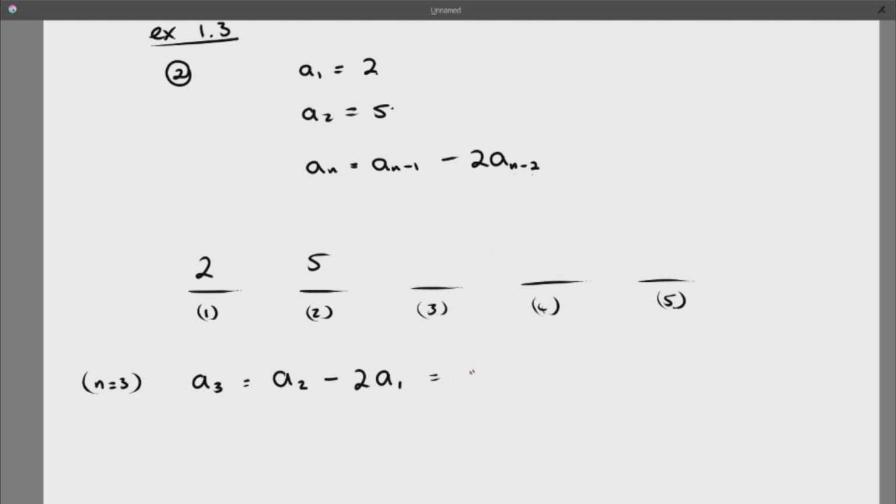So that is going to be the 5 minus 2 times the first term 2, and I get a 1. So 1. So right now it's all about reading the language, understanding what the formula is trying to tell me in how to make the sequence.